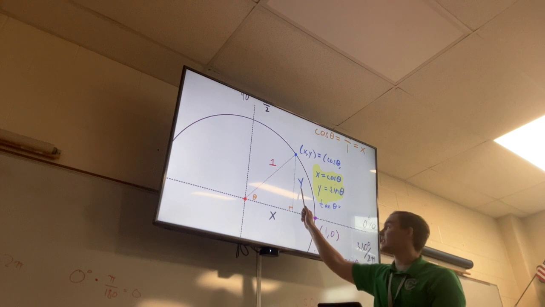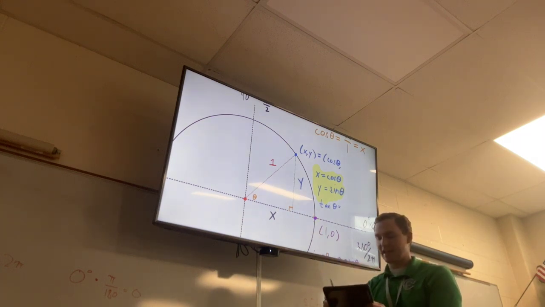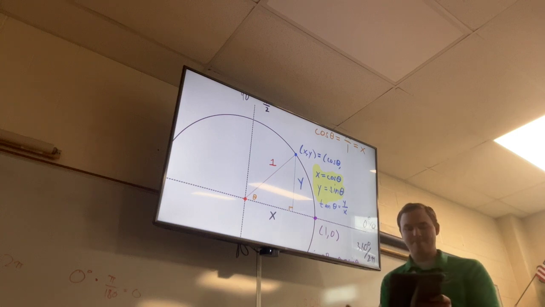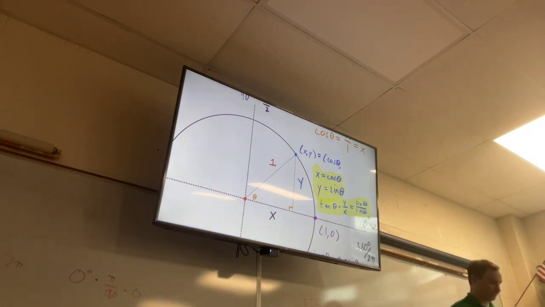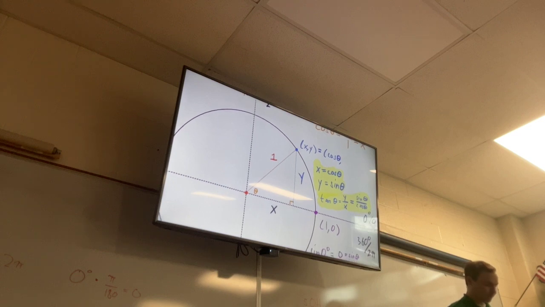The opposite side is y. The adjacent side is x. So tan theta equals y over x. Notice how that's the same thing as sine theta over cosine theta. This is going to be really important. Tangent of theta equals sine theta over cosine theta.